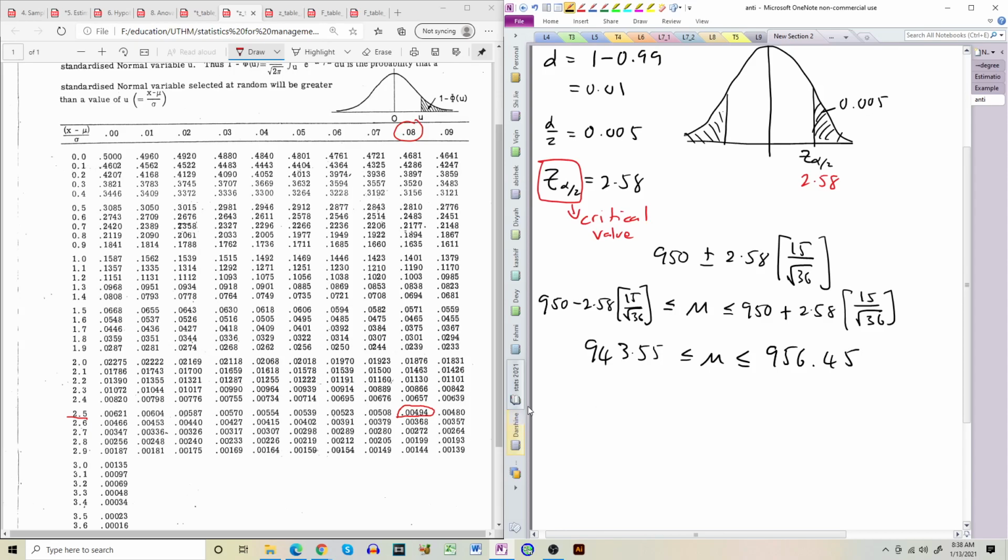So here you can write the explanation. Okay, this is the answer anyway. This is the answer, or you can write it as 943.95643.